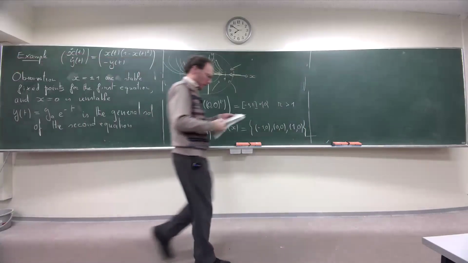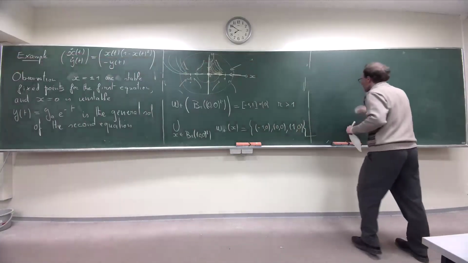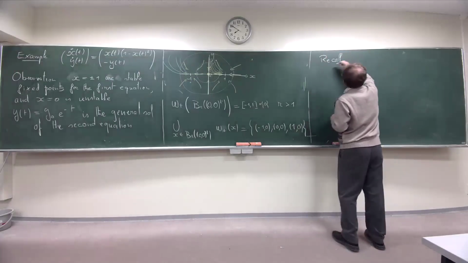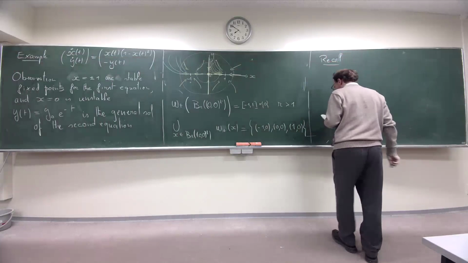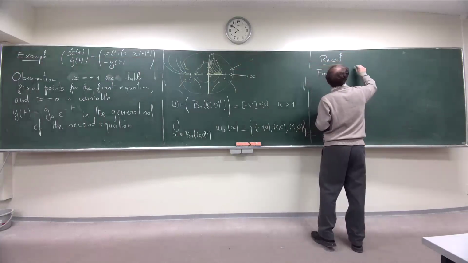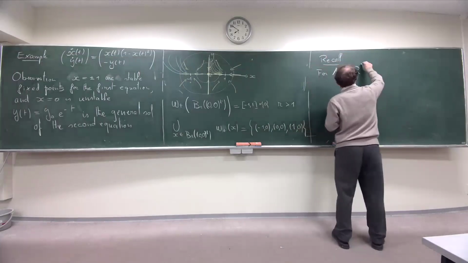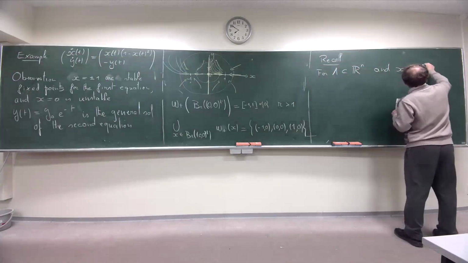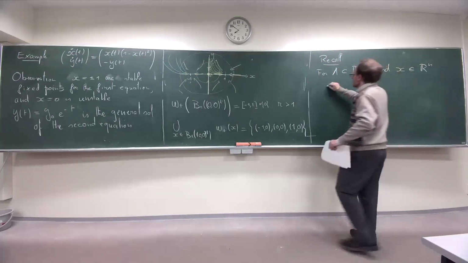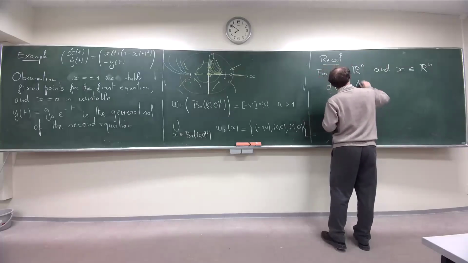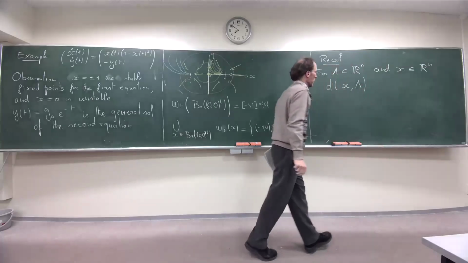I want to recall the notion of distance. So I recall one thing: for a set lambda in Rn and any point x in Rn, what is the distance between x and the set?